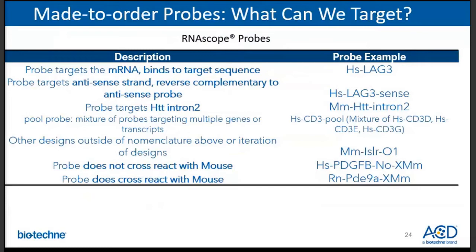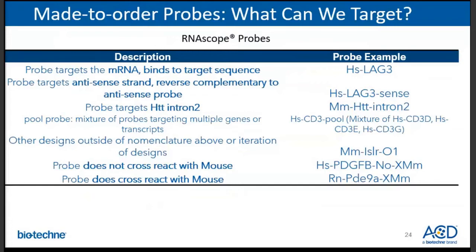So if you're interested in targeting maybe a human gene in a mouse sample, we have a probe called human PDGFB no cross mouse. So this probe can be used to target a human gene which is being expressed in mouse. And similarly, we also have a probe that does cross-react with mouse as well.